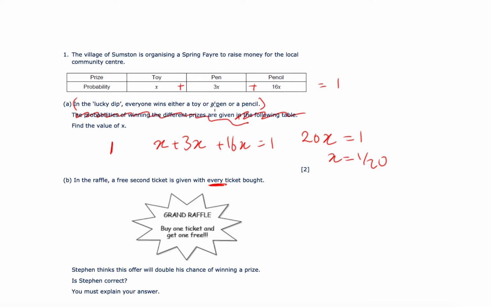Everybody has a 100% chance of winning something, so it isn't going to increase Stefan's chances of winning, because the same thing happens to everybody, and everybody wins something as well.